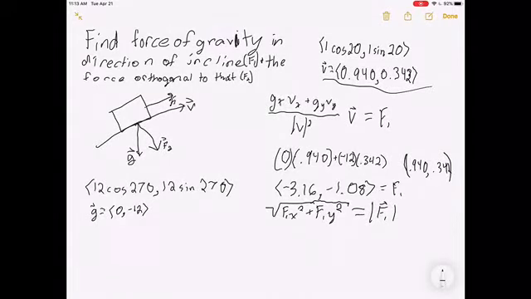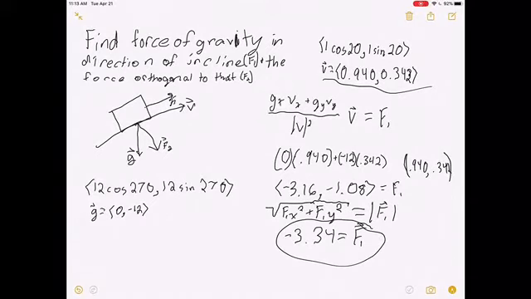We then put those numbers into the equation, and we end up with negative 3.34 is equal to F1. The answer actually came out as positive, but then I turned it into negative because it says the force of gravity in the direction of the incline, but it's going downwards, so it would be negative. So there's our answer for problem 1.